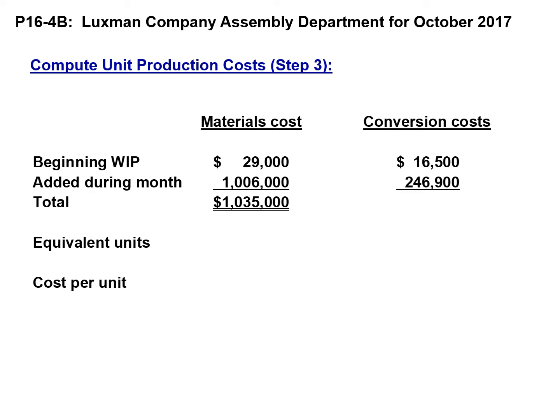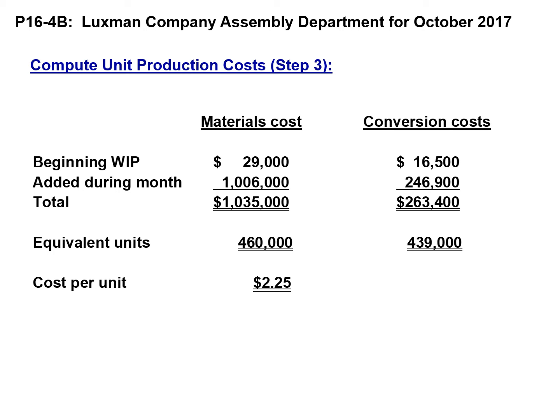We added $246,900 during the month, which means our total conversion costs are $263,400. We just calculated our equivalent units in step 2. So if we divide our equivalent units into our total cost, we'll arrive at a cost per unit of $2.25 for our materials. We also know that our equivalent units for conversion costs are 439,000.